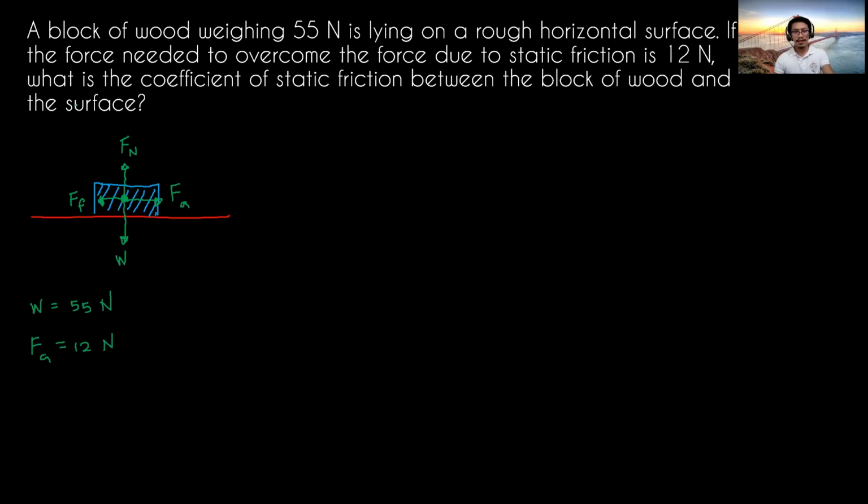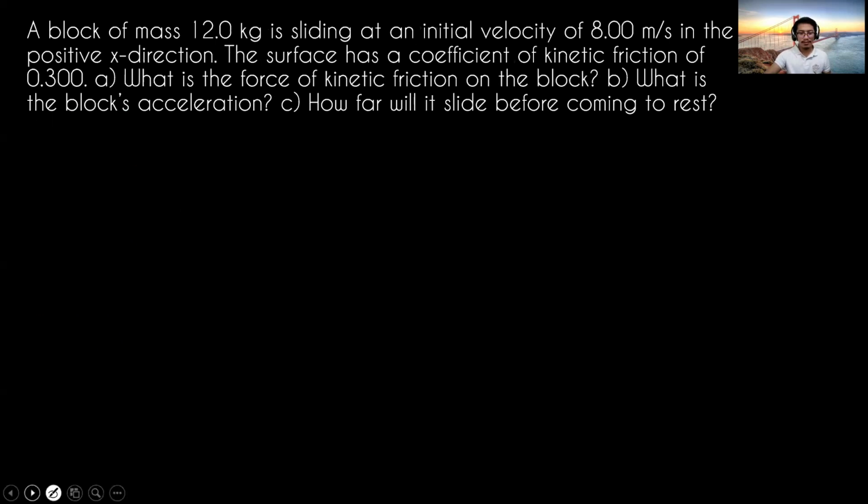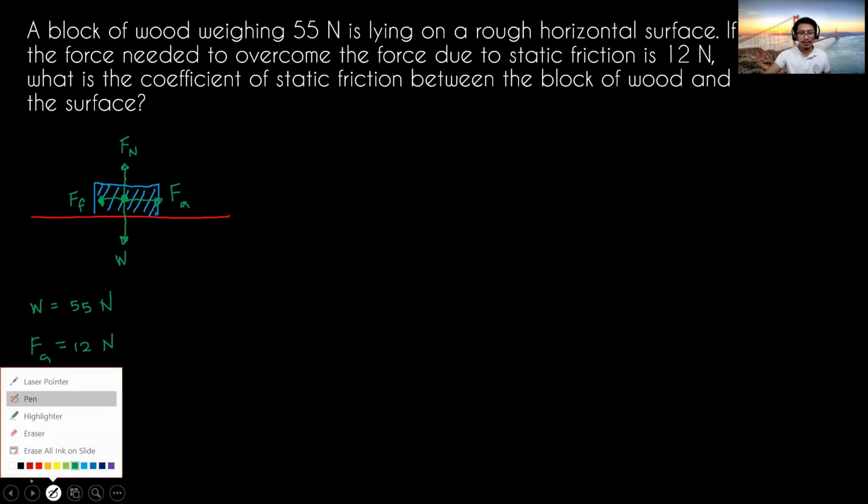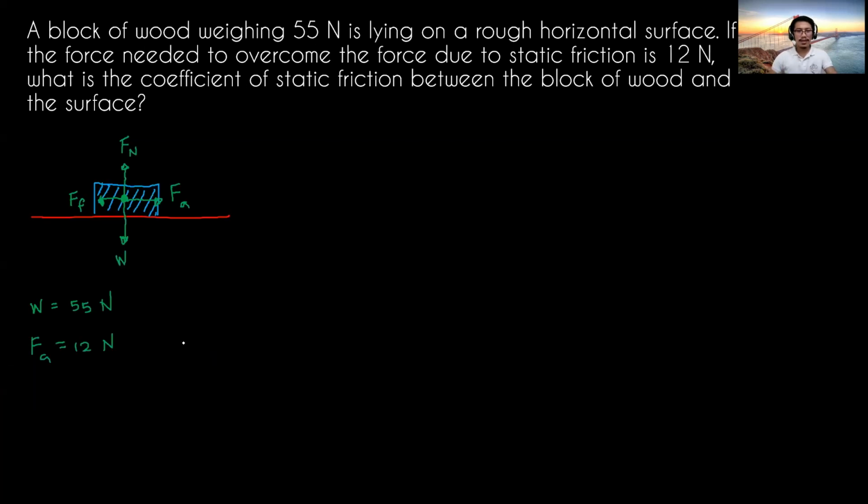And then, what is the required here? What is the coefficient of static friction, mu S? So in which equation do we find mu S or mu K? Remember the equation: frictional force is equal to mu S or mu K times Fn.